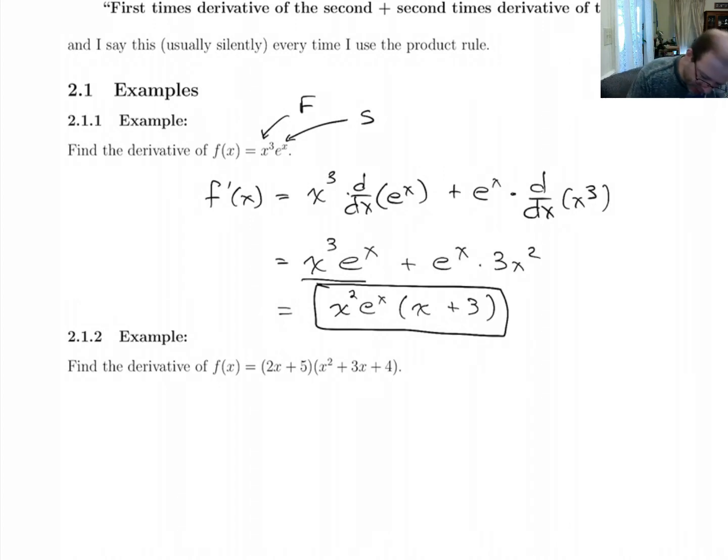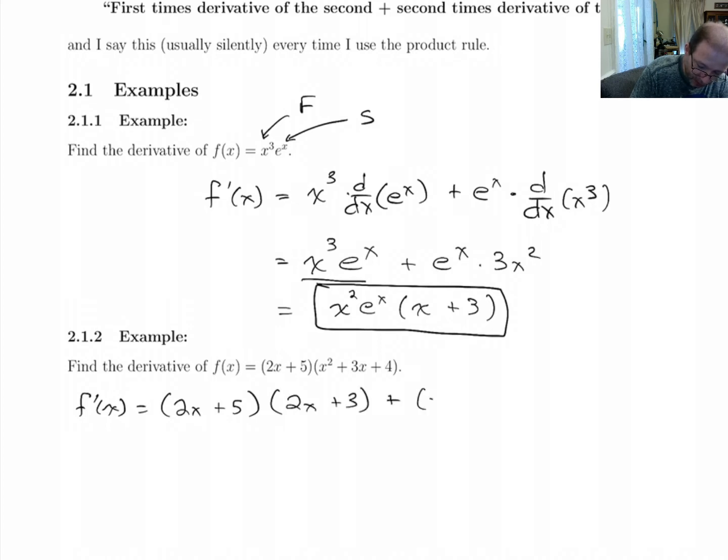Either way, it'll give us the same answer. So f prime of x is going to be the first times derivative of the second, so it's going to be 2x plus 3, plus the second times the derivative of the first. Derivative of the first function here is just 2.